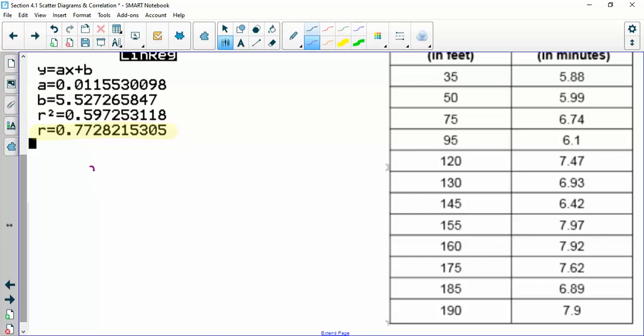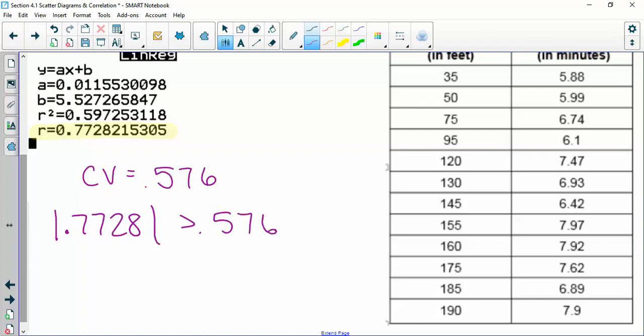Okay, so you said how many points do we have? 12? So on this, when n is 12, our critical value is 0.576. So the absolute value of our R is bigger than 0.576. So is this good enough to be linear?